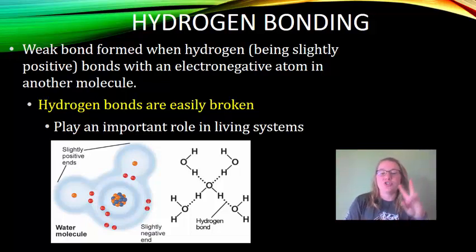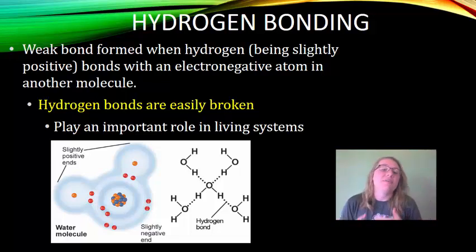But when you have two water molecules, they tend to be slightly attracted to each other. That's because the oxygen side of the molecule has a few extra electrons around it compared to the hydrogen ends of the molecule. So the oxygen end tends to be just slightly negative compared to the positive end. And since that positive end contains hydrogen, that's where it gets the name hydrogen bonding.